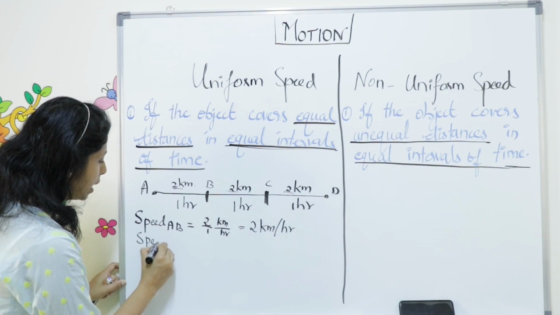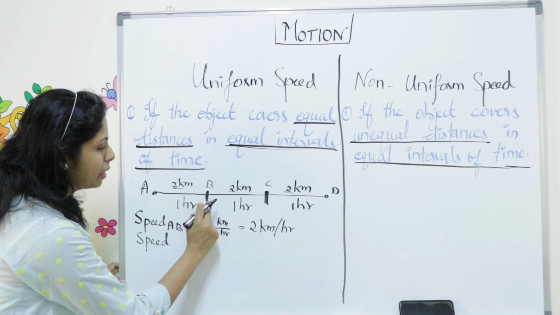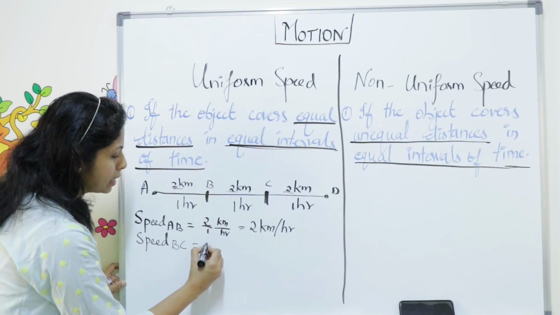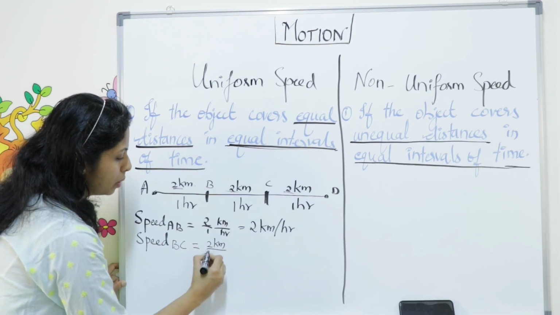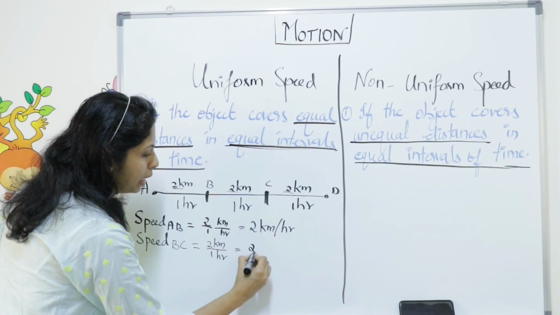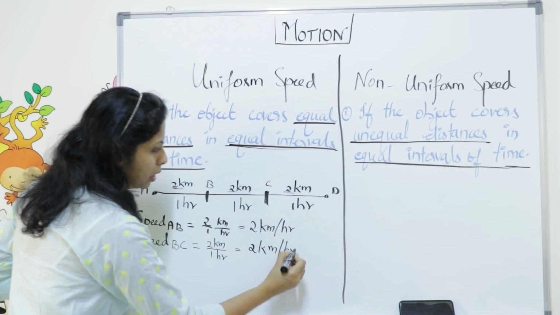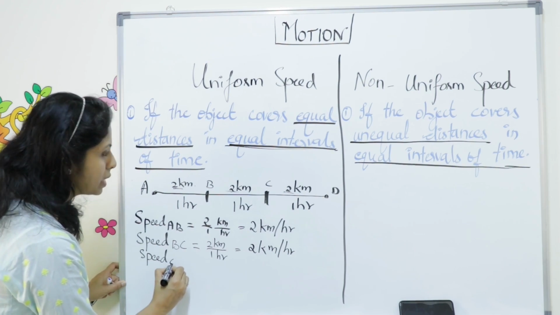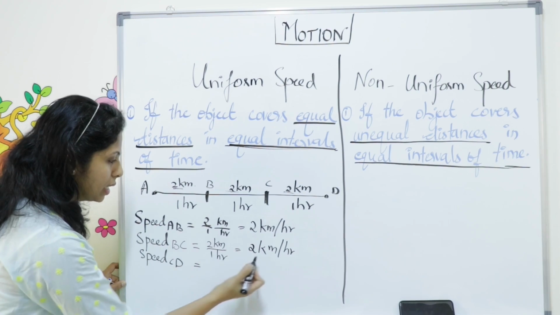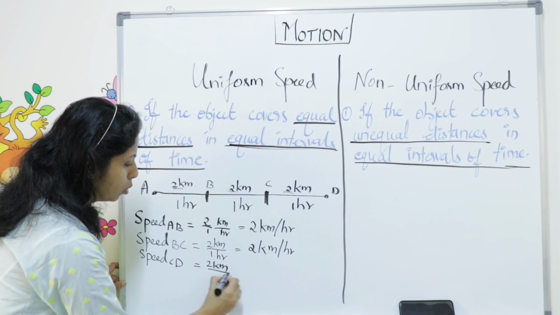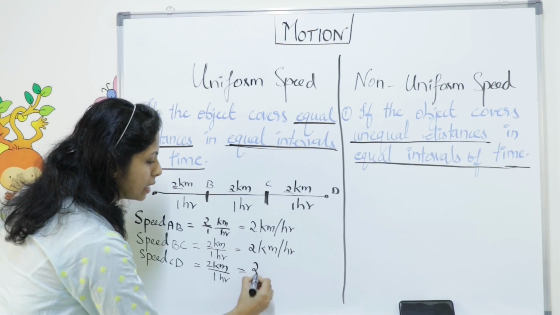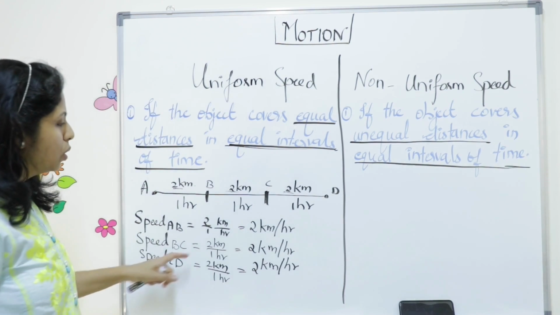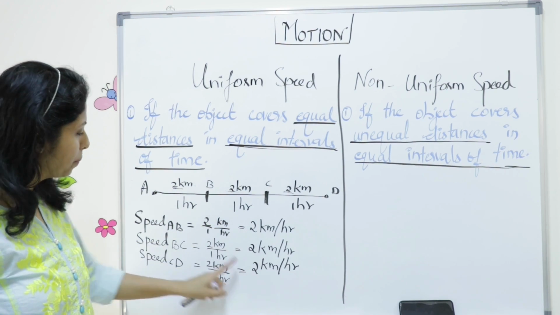Similarly, if you see the speed of an object traveling from the point B to C, it is 2 kilometer per 1 hour, that is nothing but 2 kilometer per hour. Similarly, the speed from C to D, it is the same 2 kilometer per 1 hour and it is 2 kilometer per hour. So in this, what can you see?